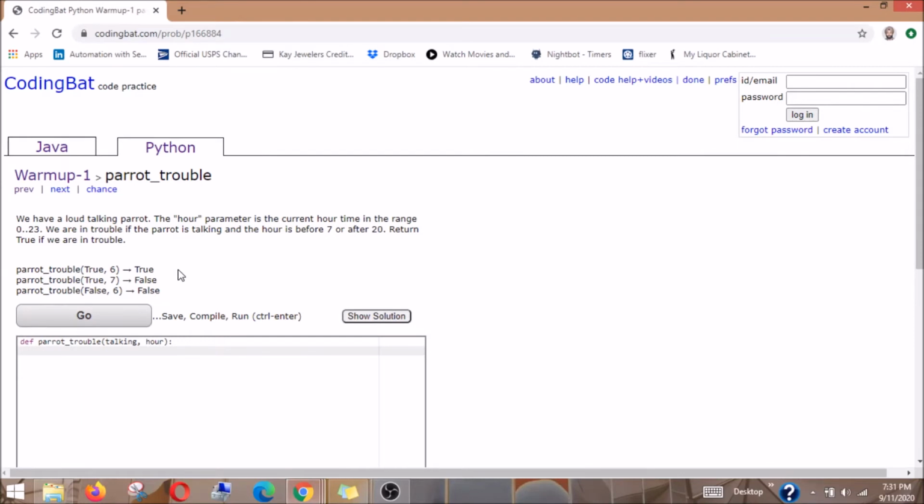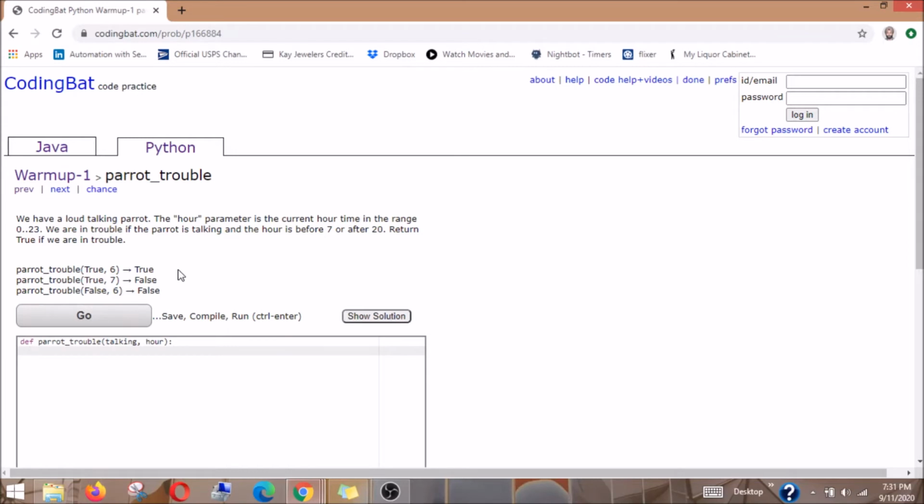Next, we have a loud parrot. The hour parameter is the current hour time in the range from 0 to 23. We are in big trouble if the parrot is talking and the hour is before 7 or after 20. Return true if we are in trouble.